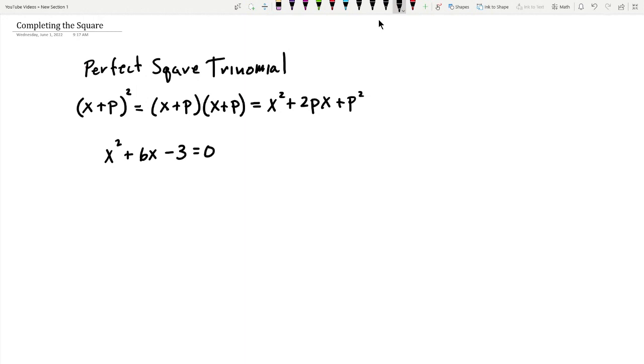So I am going to use the first two terms, the squared term and the linear term, so the quadratic term and the linear term. This is the quadratic term.